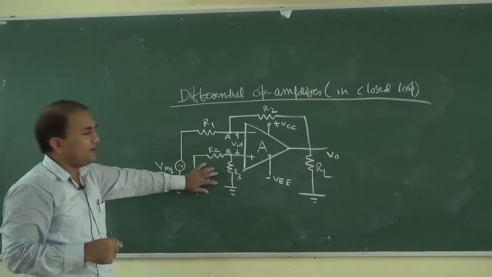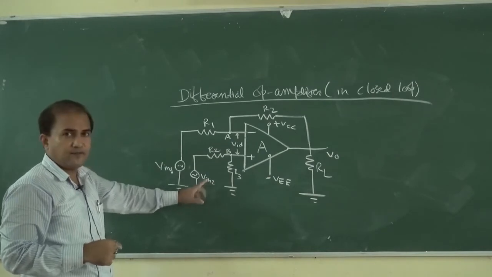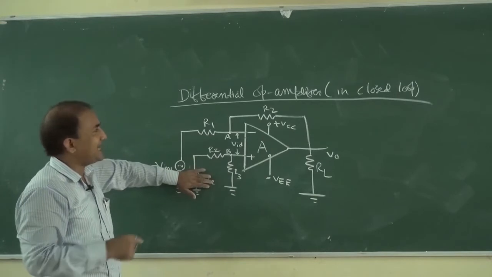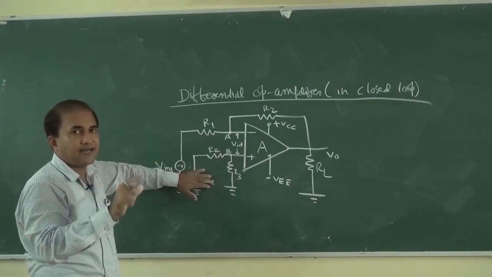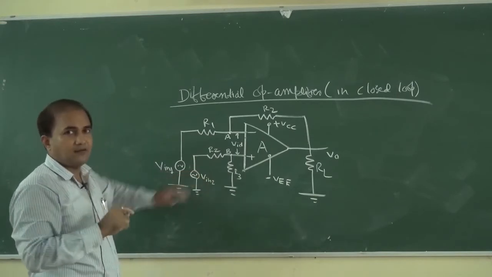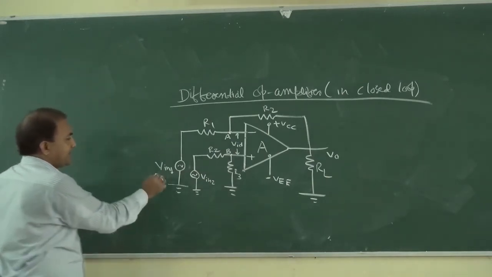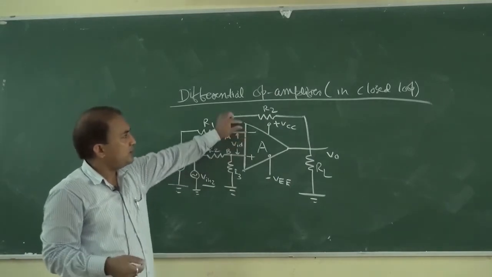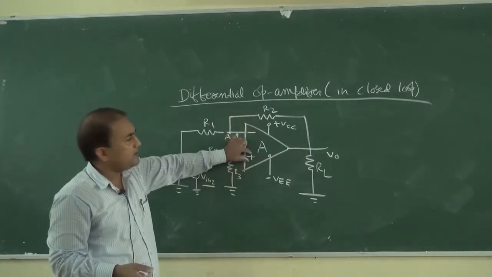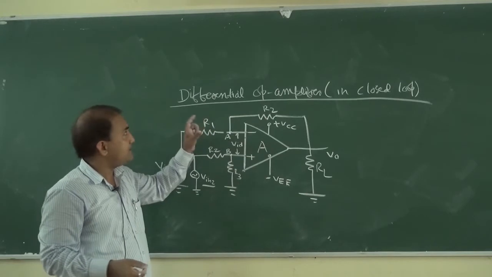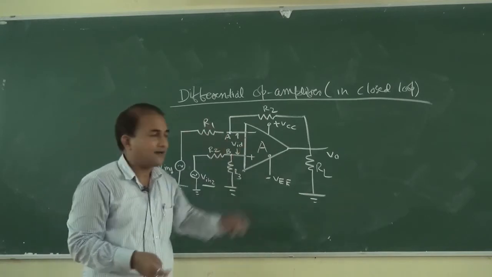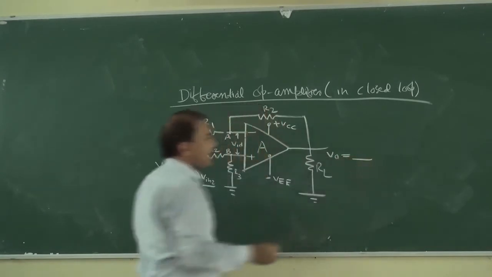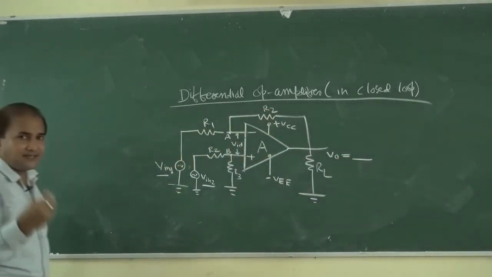And if V in 2 is equal to 0, then this can be considered as an inverting operational amplifier in closed loop configuration. Now if we apply V in 1 and V in 2 to both the inputs, to the inverting input and to the non-inverting input, then this behaves as a differential operational amplifier. In order to determine V output, we have to use the superposition theorem.